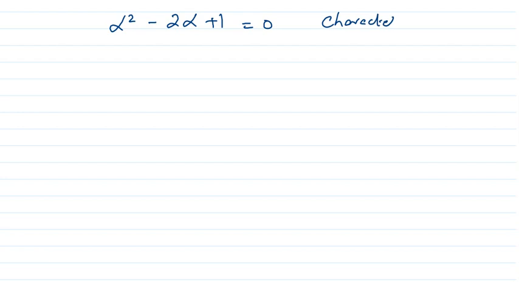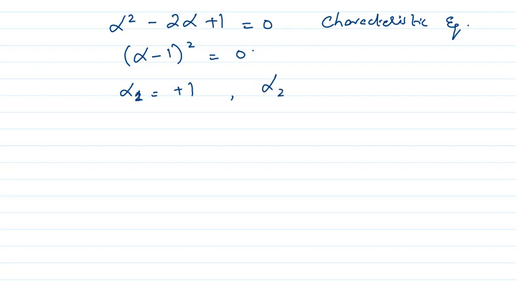This is the characteristic equation, right? Or you can say this is a whole square formula, alpha minus 1 raised to the power 2 equals 0. So alpha 1 and alpha 2 are both equal to plus 1.